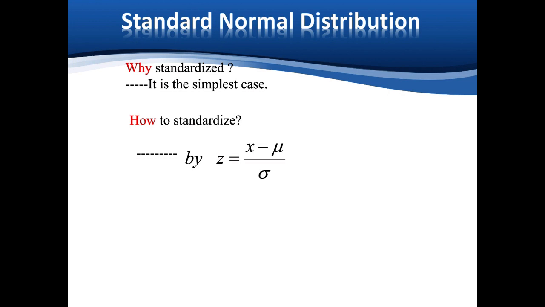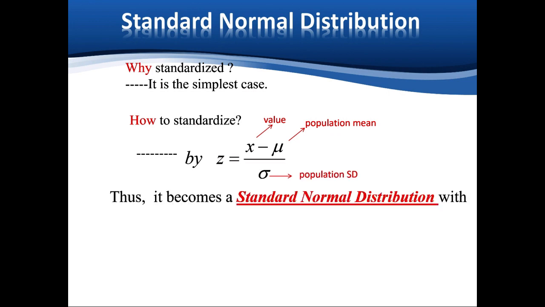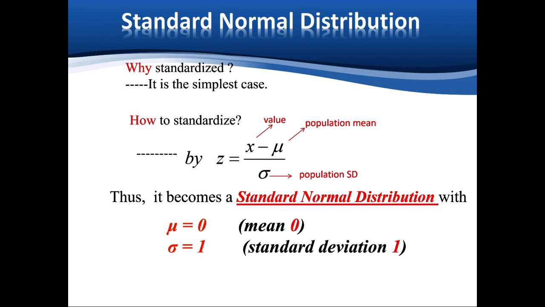That is, any x value minus the mean mu, and then divided by the standard deviation sigma. It will become a standard normal distribution, the simplest one, with mean 0 and standard deviation 1.